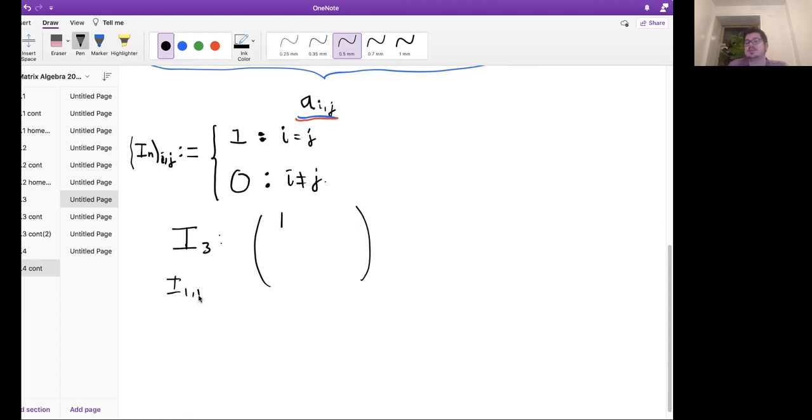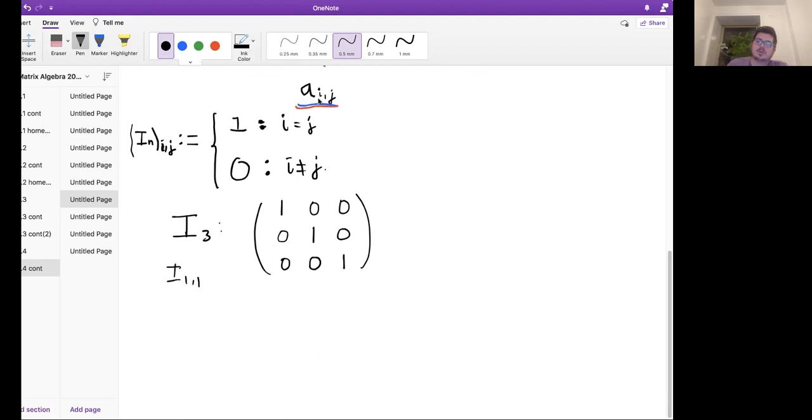So you read the indices. So how about the 1-2 entry? Is the row equal to the column? No, it gets a 0. 1-3, 2-1, 2-2. Right. Since the row is equal to the column, it gets a 1. 2-3, 3-1, 3-2, and 3-3.